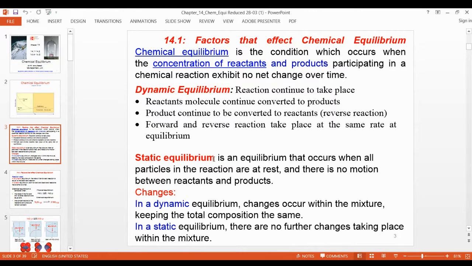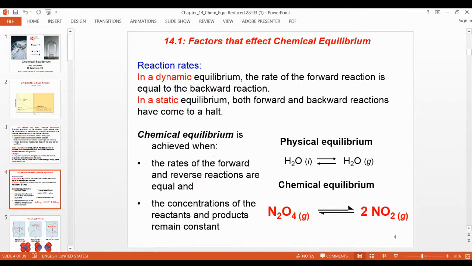This is the difference between dynamic and static equilibrium. In dynamic equilibrium, change occurs within the mixture, keeping the total composition the same. The composition will be the same at that point of equilibrium of reactant and product. But in static equilibrium, there is no further change taking place. There is no motion at all, it is at rest within the mixture.